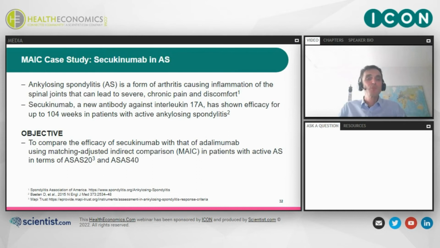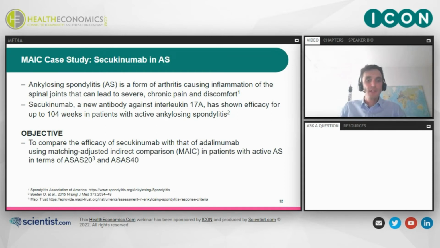So here I would like to present a small case study on the use of MAIC in ankylosing spondylitis, or AS. This is a form of arthritis causing inflammation of the spinal joints and can lead to severe chronic pain and discomfort.